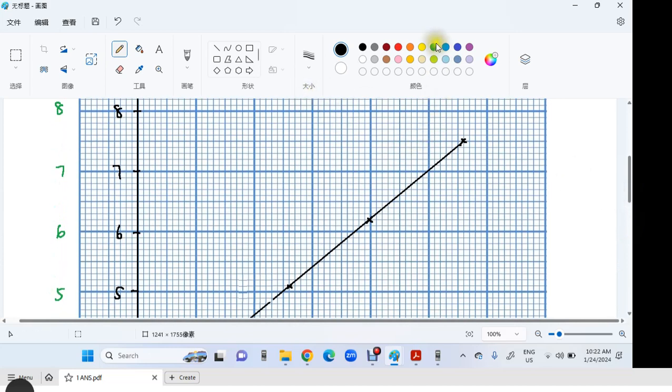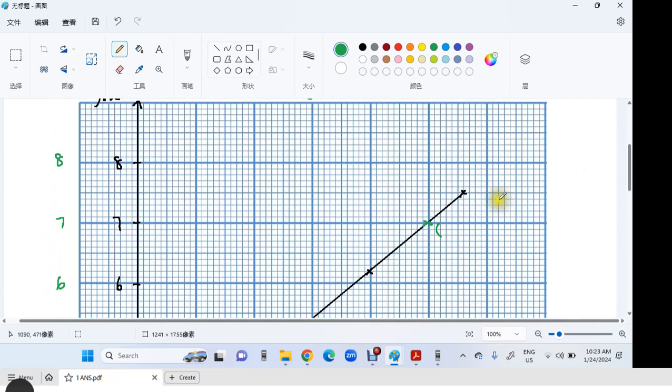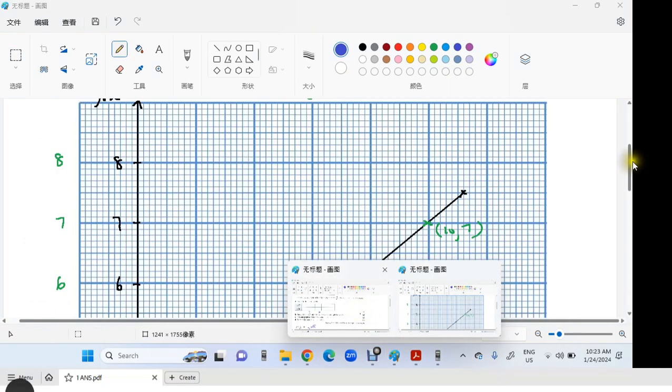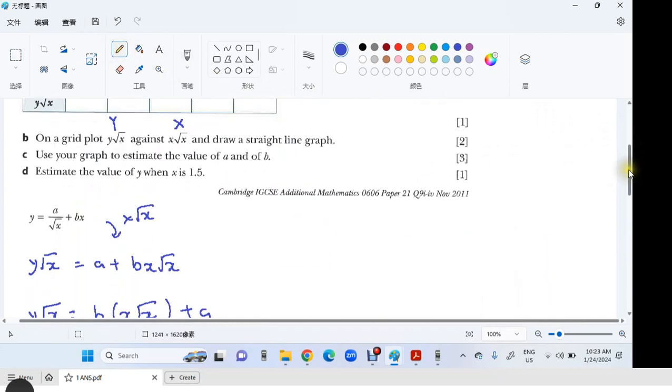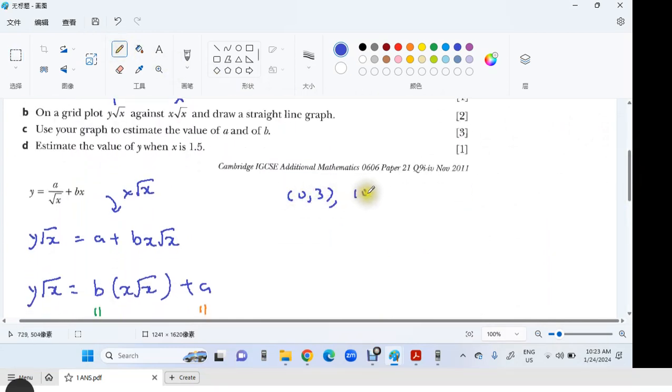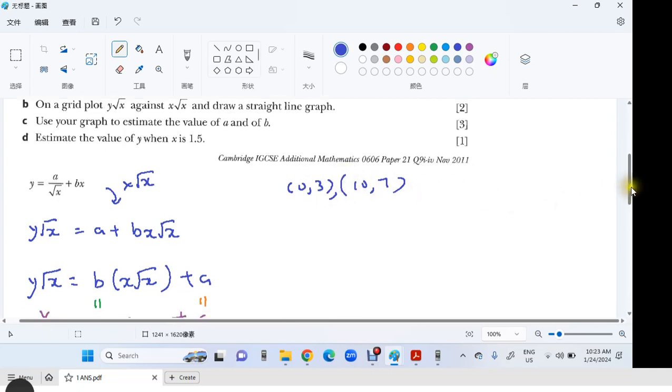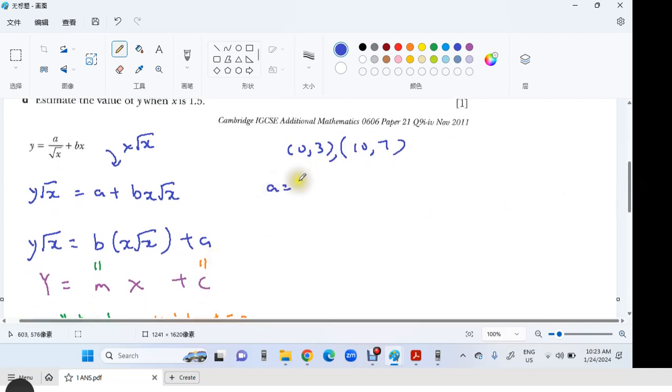To find the gradient, we can just take a point here so close to the last point, which is 10, 7. So we have the y-intercept 0, 3 and 10, 7 here. The y-intercept is a, so a is 3. Then b is the gradient, 7 minus 3 over 10 minus 0. So we have 4 over 10, that is 0.4.